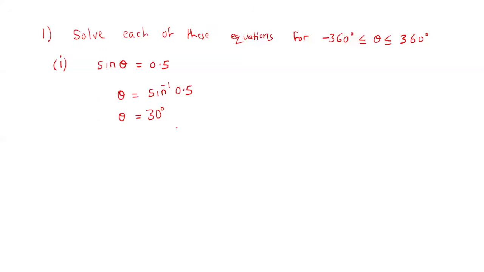Now, after getting the 30 degrees, we are going to go back to our quadrants. Members, the acute angle you get is always your reference angle. So the first angle you get is the acute angle. When you look here, sine was positive.